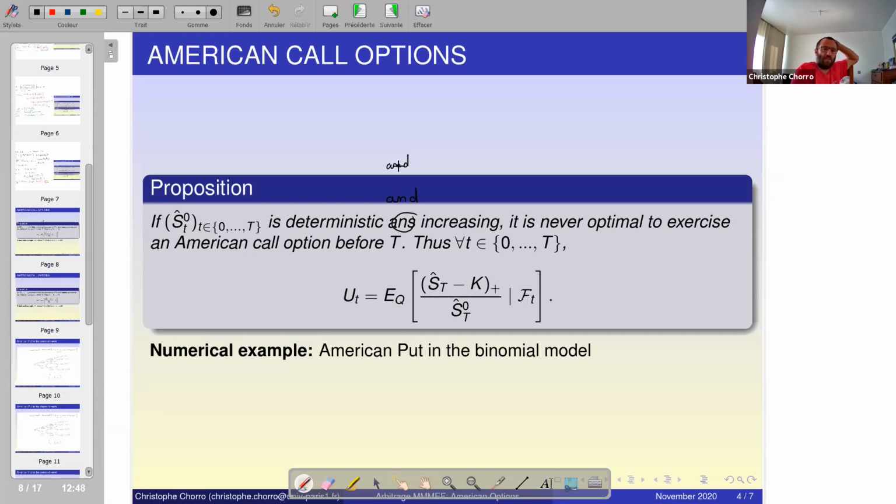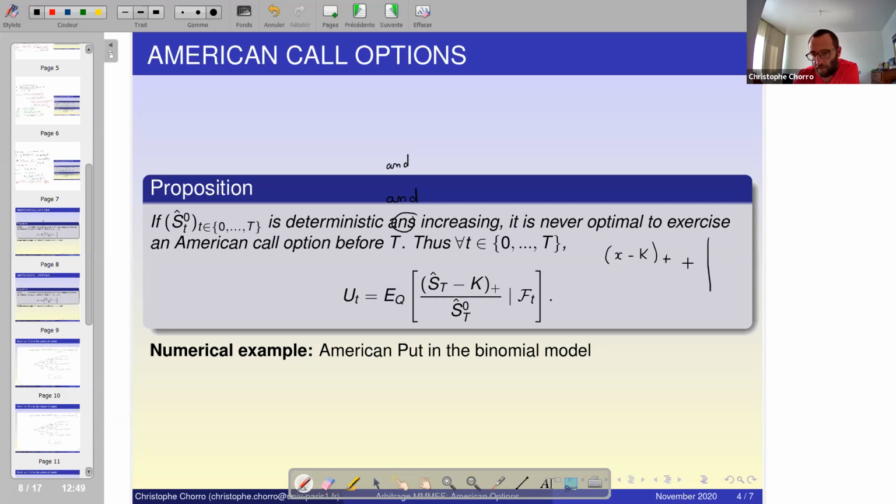But here, it's not this kind of proof that we are going to do. We are going to do a mathematical proof of this, using a key result that will be the Jensen inequality. Keep in mind that the payoff of a call option is related to this mapping, x plus.